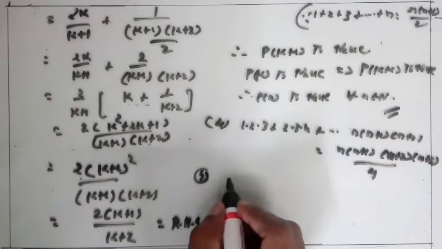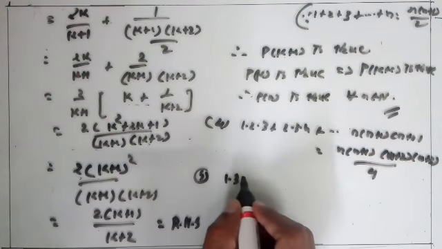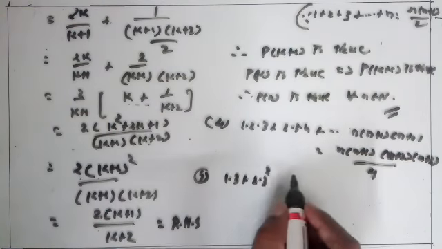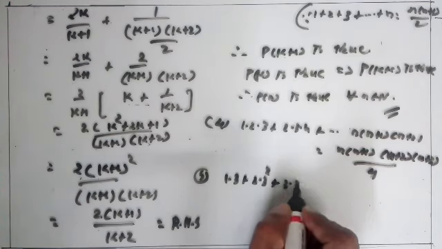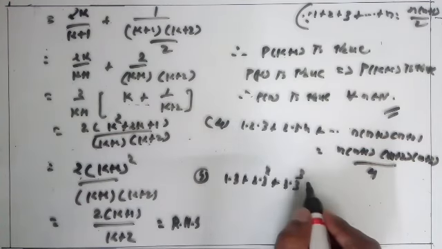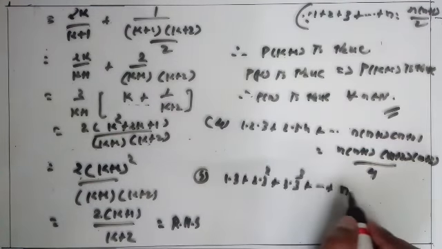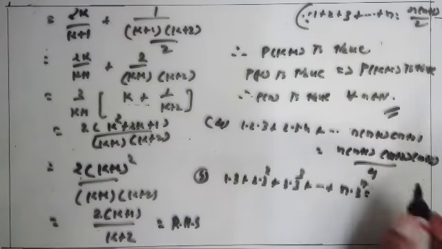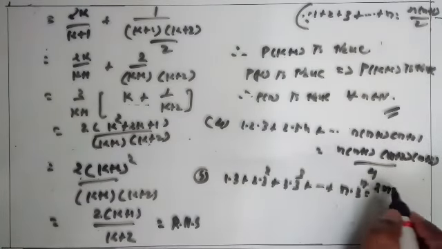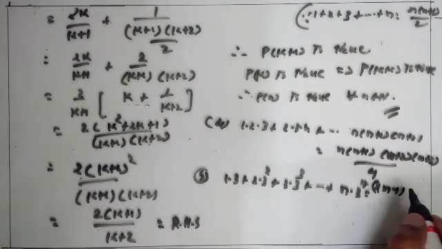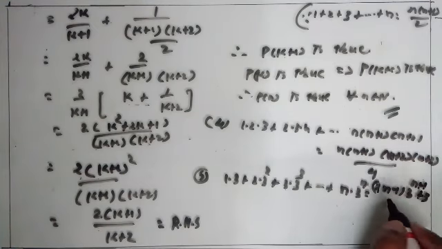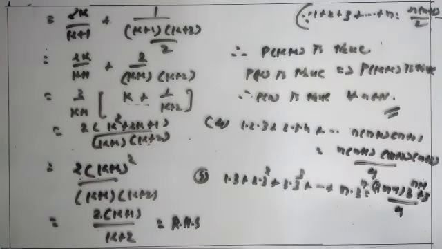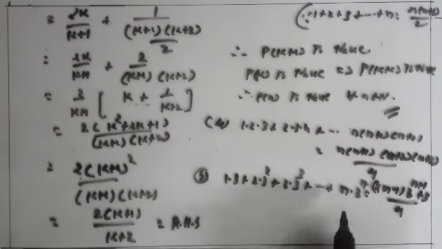Similarly, equation number 5: 1 into 3 plus 2 into 3 square plus 3 into 3 raised to 3 plus up to the last term n into 3 raised to n is equal to (2n minus 1) into 3 raised to n plus 1, plus 3 upon 4. Doing the same, we are able to solve this equation.